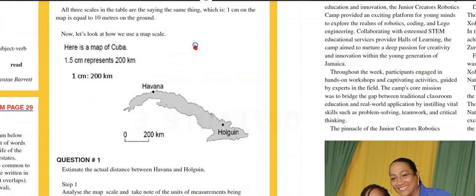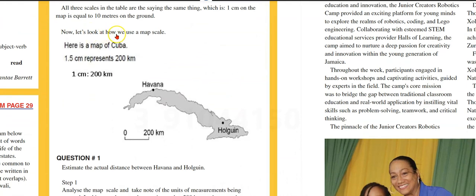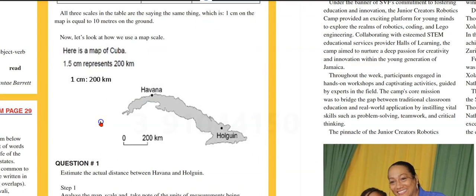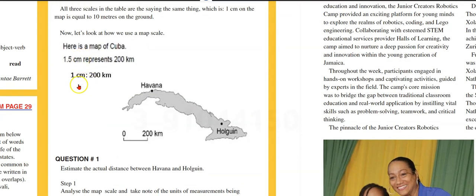All right. Now, look at how we use a map scale. Here's a map of Cuba, and 1.5 centimeters represents 200 kilometers. This is saying something different here, because on the one hand, this is saying 1.5 represents 200, but this is saying 1 represents 200.